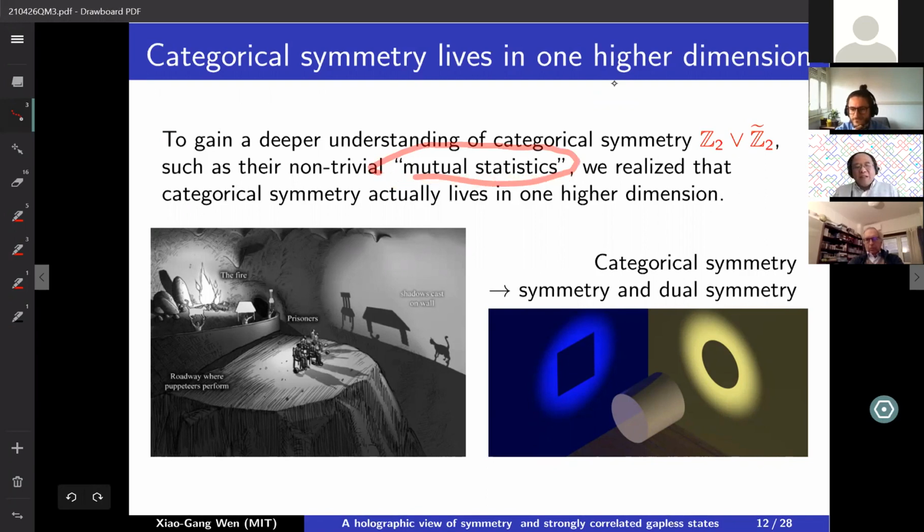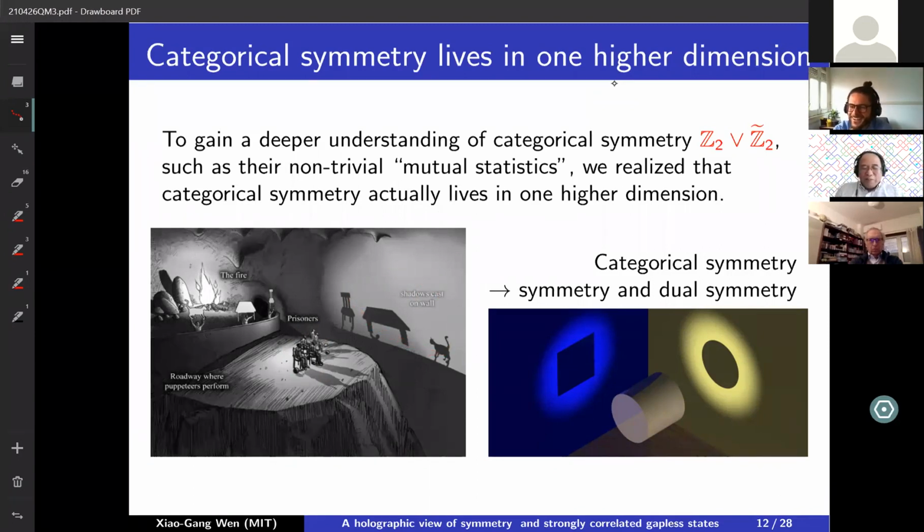we go to one of the main topics of this talk, that is the holographic point of view. We realize that the categorical symmetry actually lives in one higher dimension. It should remind us of the prisoner story. I think we all know the story of prisoners who can only see shadows on the wall, and they think everything is a shadow.